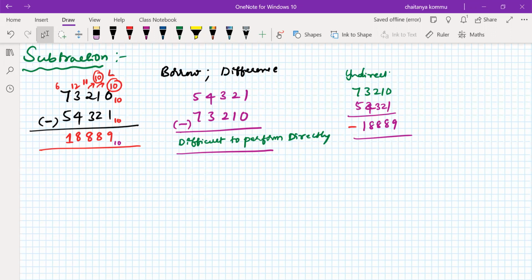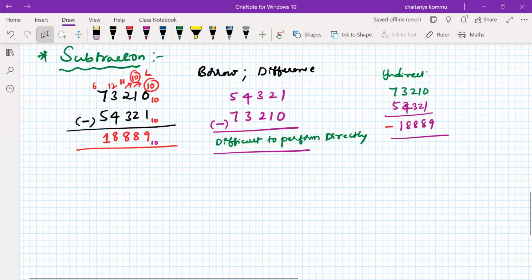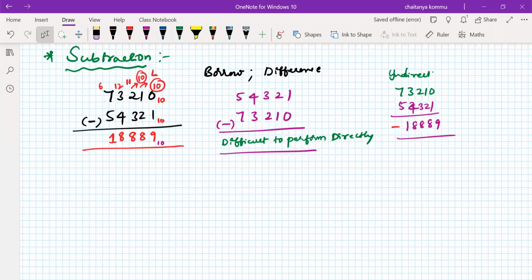Similarly, the same kind of problem is applicable to decimal numbers, the octal number system, hexadecimal number system, and binary number system also. So there should be some kind of mechanism to represent the negative numbers, so that only addition is possible for us. I don't want to go for the subtraction directly.